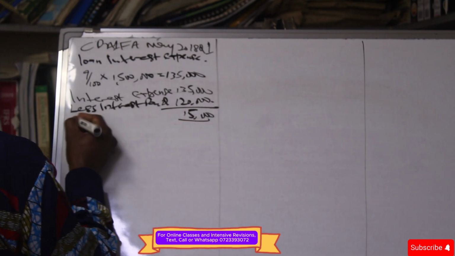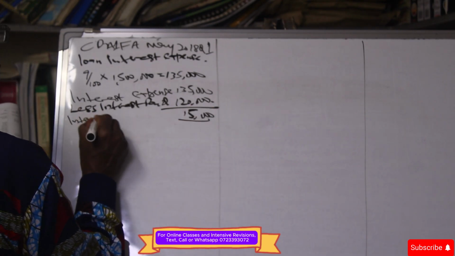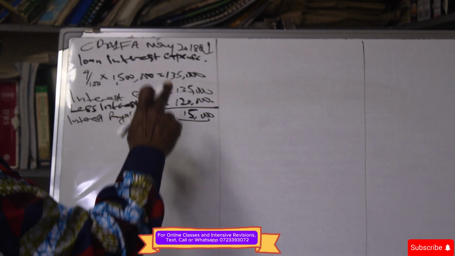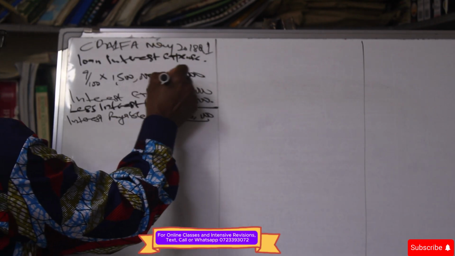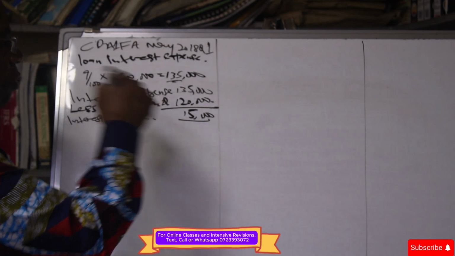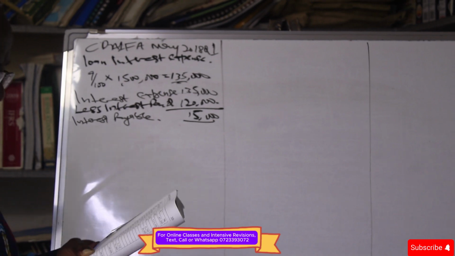Therefore 135,000 is our interest expense in the income statement, but we have a current liability of 15,000 called interest payable.